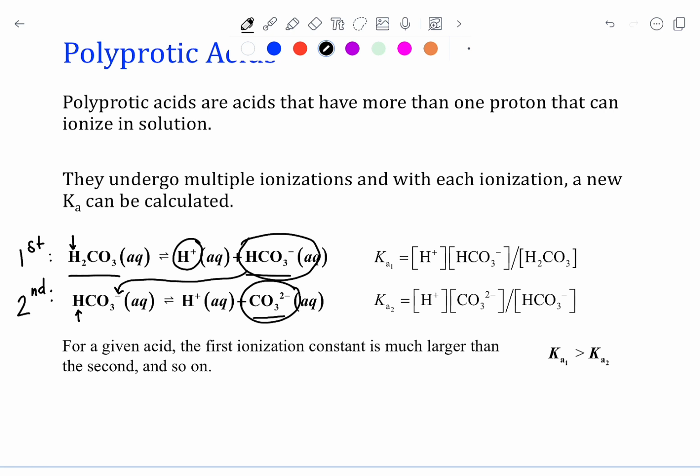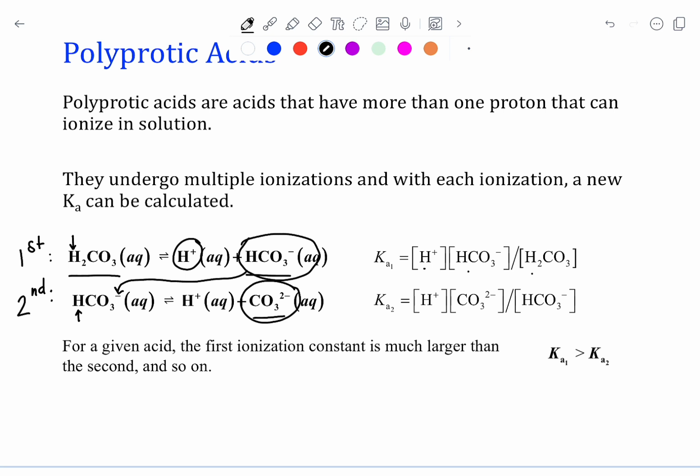when your product has no hydrogens left to give away. With each of these ionizations, we have a different K value, a different ionization constant, because they're different reactions. The first one, we have H+ and HCO3- over H2CO3. That is considered Ka or Ka1 because that is the first ionization.